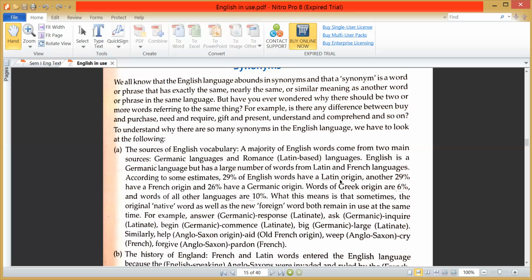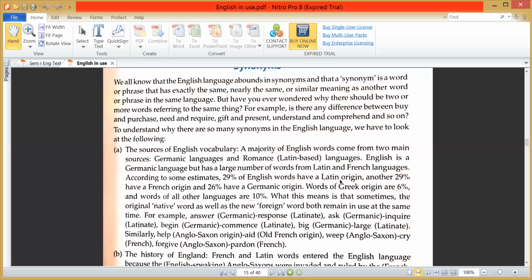Help is to aid. Weep is to cry. Forgive is to pardon. So we could see the Germanic or Latinate terms, and also Anglo-Saxon origin terms and French origin terms here. We can see that there is not much difference between them.